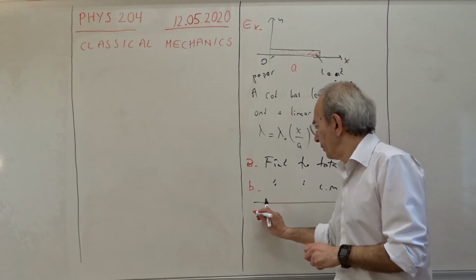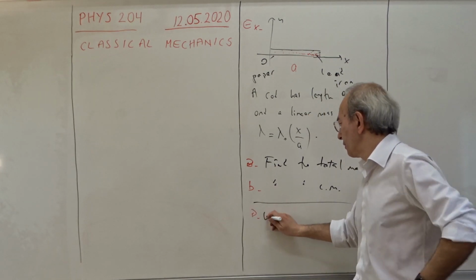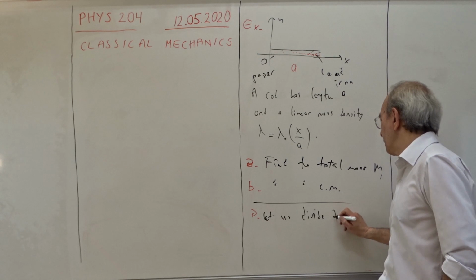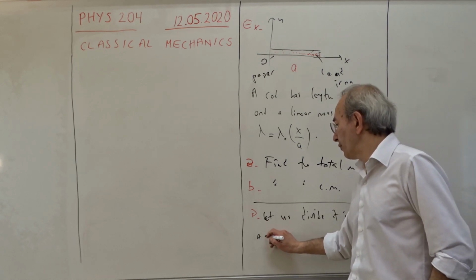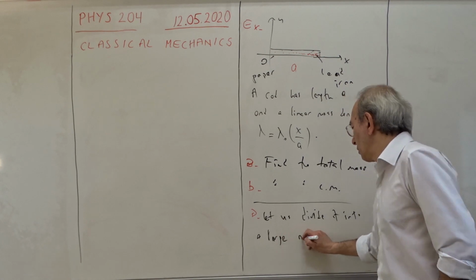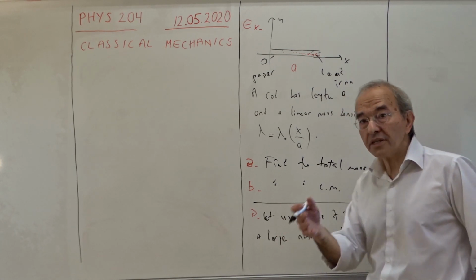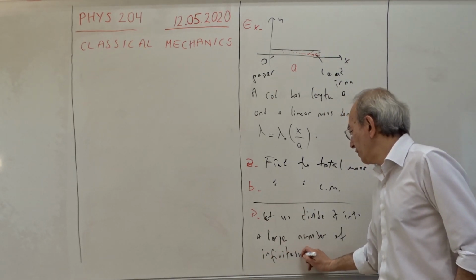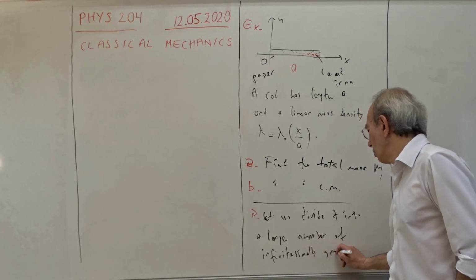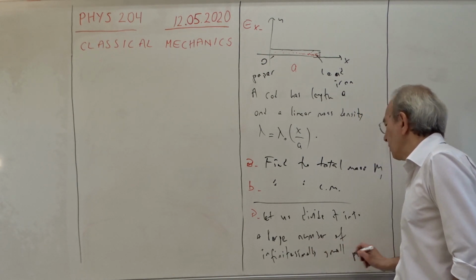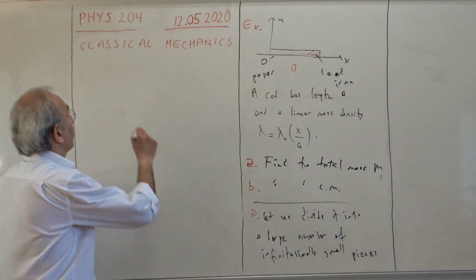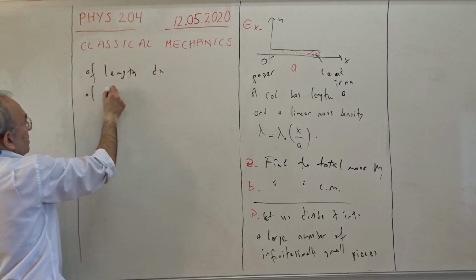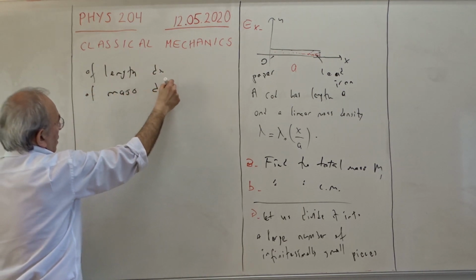Part A: let us divide it mentally, of course, into a large number of infinitesimally small pieces of length dx and of mass dm.